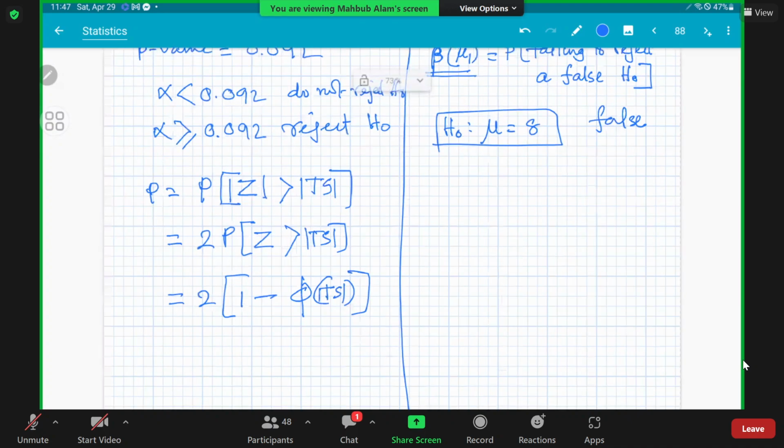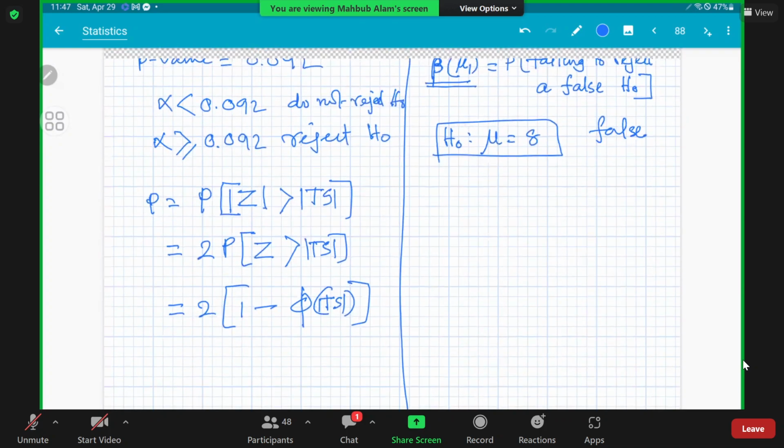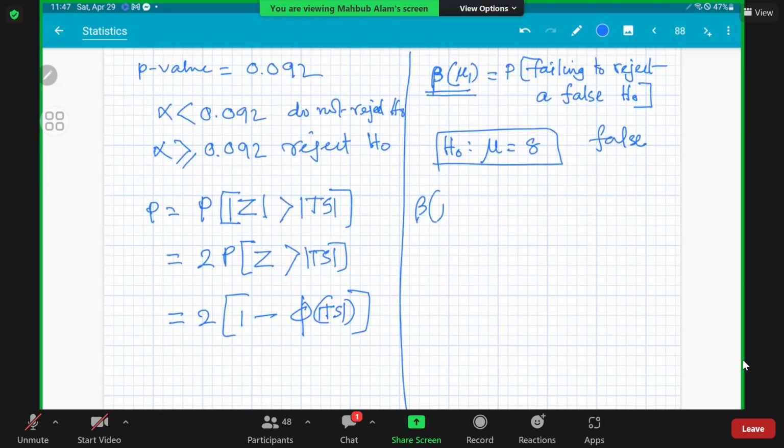And this one is beta of mu1, which is the probability that your test statistic is less than Z alpha by 2, or it is greater than minus Z alpha by 2.